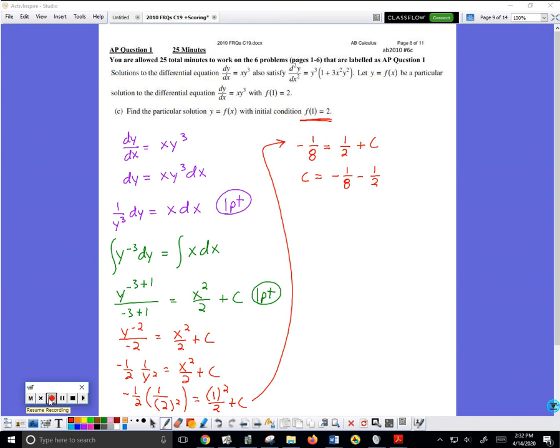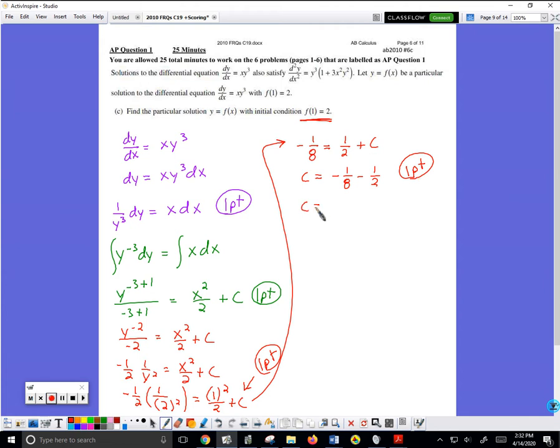If you have this statement right here in red, where you plugged in the initial condition correctly, that's 1 point. If you go on to find the value of c, you don't have to simplify again, remember, that's another point. You can leave c like that.